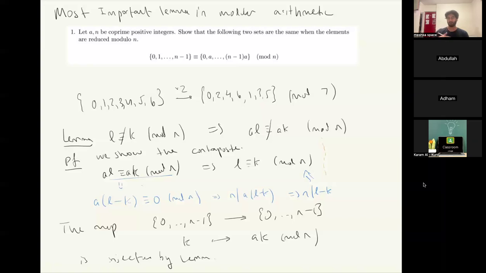And then the domain and codomain have the same size, so therefore it's bijective, because it's a map from a set to itself. Does it make sense what I wrote here?